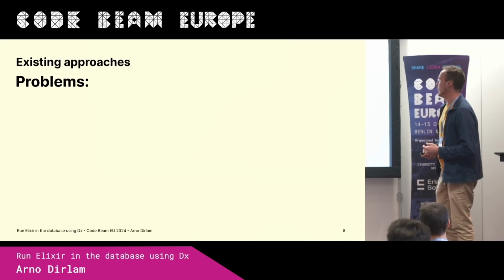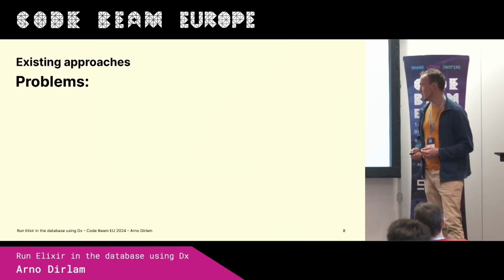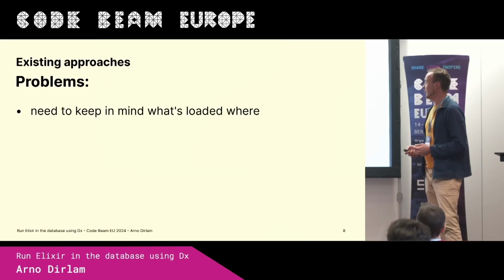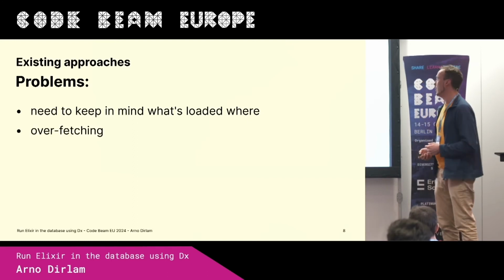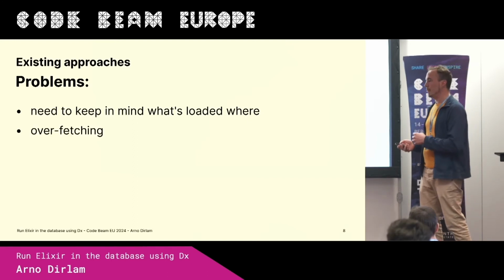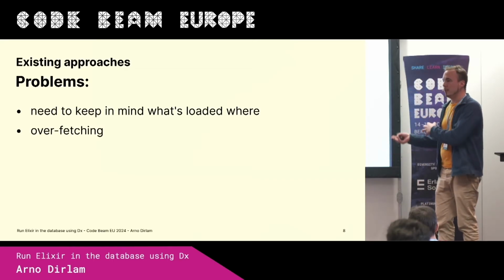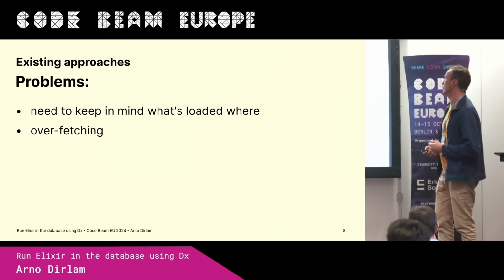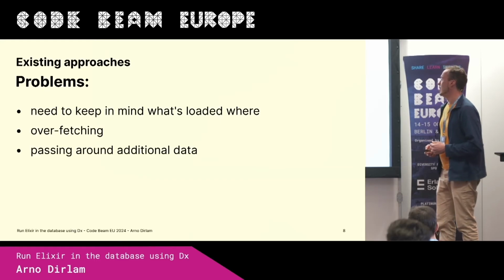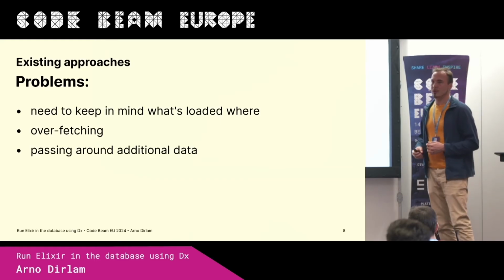And that basically is the same idea, all of these. So the problems with the existing approaches are you need to keep in mind what's loaded where. You have the risk of overfetching, which mainly means resource usage, but also latency for the users, which you want to avoid. And you need to pass around additional data, so you have additional arguments, and you need to keep track of them.